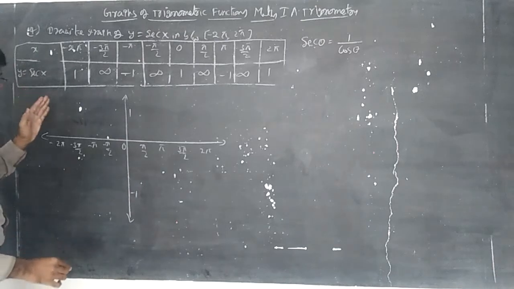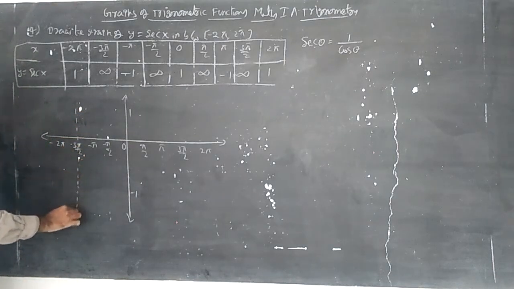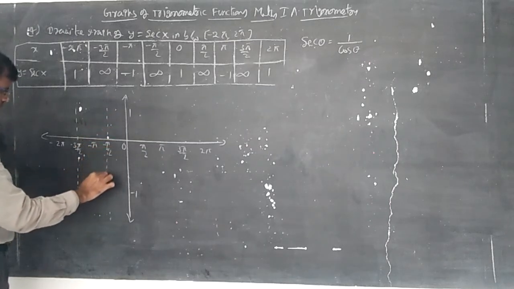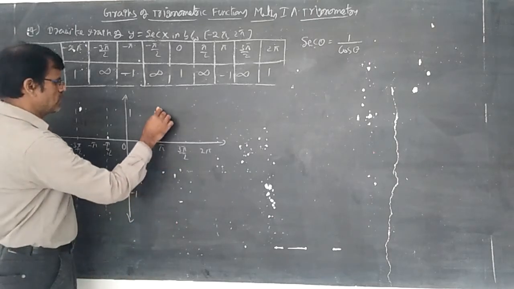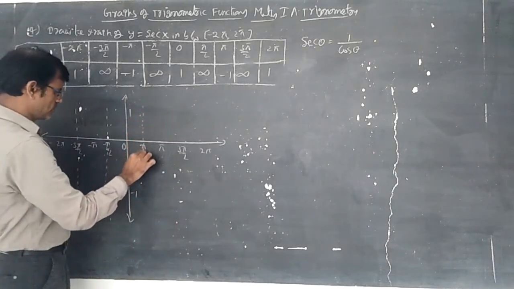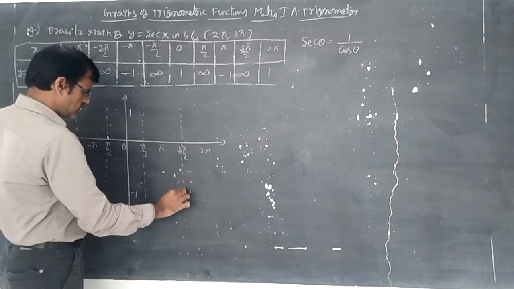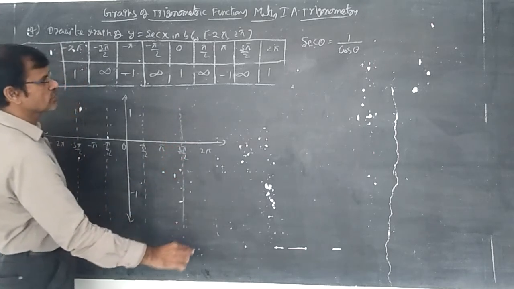Whenever infinity is there, you simply draw the lines, meaning not defined. Minus pi by 2, here also simply draw the lines. It indicates not defined. Pi by 2 also not defined, 3 pi by 2 also not defined. Simply draw the lines, meaning no value, not defined.